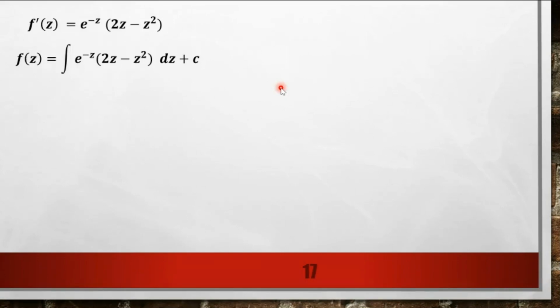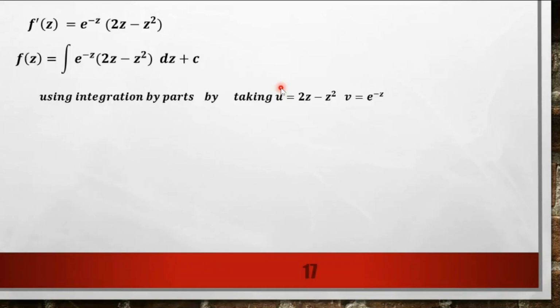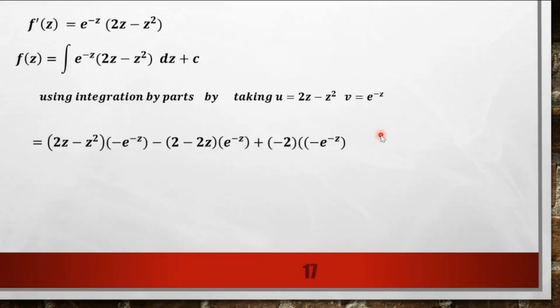So first, what do we have to write? We take u as 2z minus z square and v as e raised to minus z. For the integration, the first term will be u, 2z minus z square, into the integration of e raised to minus z, which is minus e raised to minus z. We don't write u into v; first we write u into the integral of v.